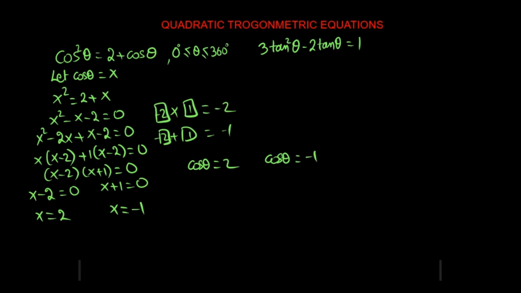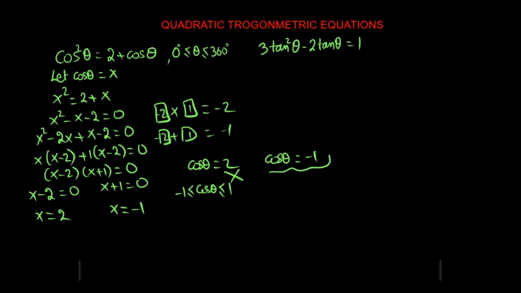We know that cos theta is always between minus 1 and plus 1. It cannot be bigger than 1, it cannot be less than minus 1. Here 2, the number 2 is bigger than 1. Cos theta equals 2 is not possible because cos theta always has to be in this range. So this will give you no solution.